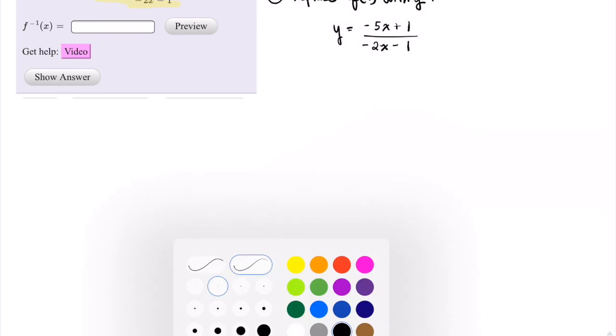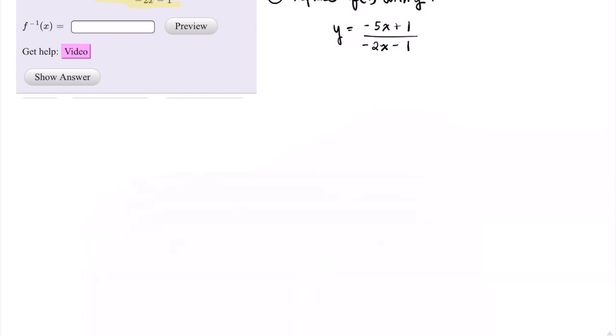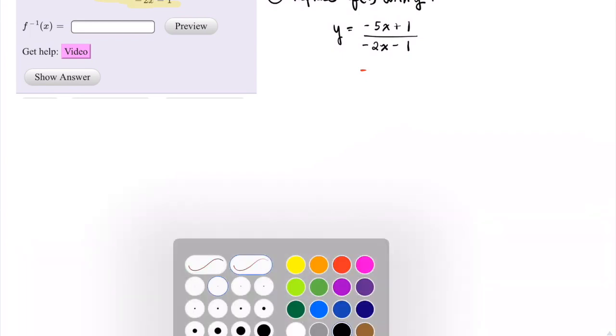I think the best thing we could probably do is maybe factor out a negative so that we can work with non-negative numbers, especially leading terms, because I always feel like negative leading terms are more likely for me to make an error.